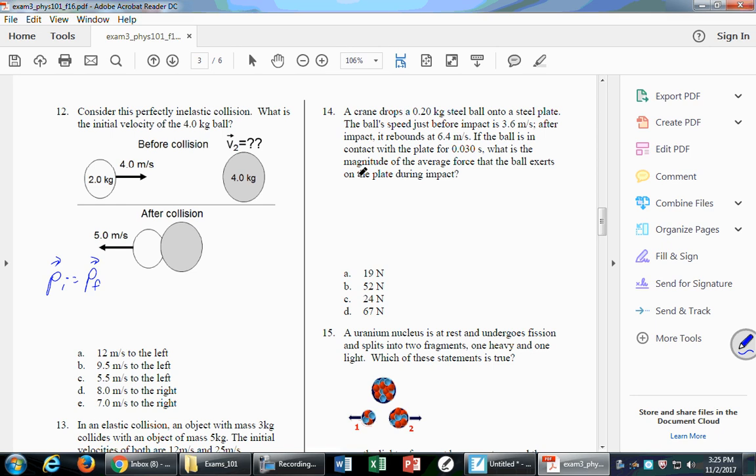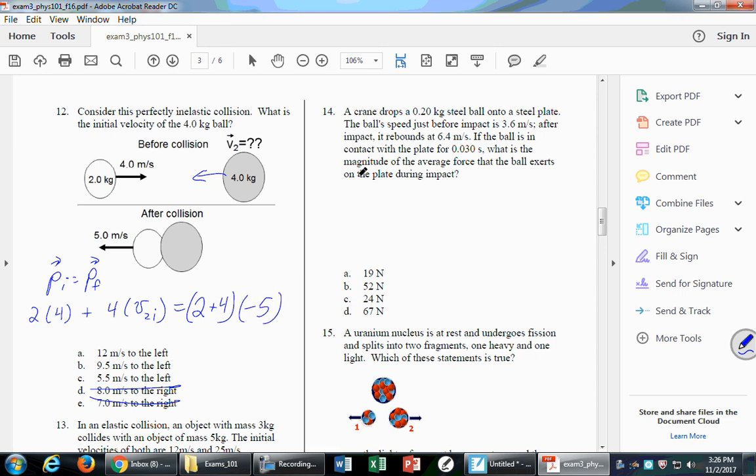So Pi is 2 times 4 plus 4 times V2 initial. That's what I want to solve for. And by the way, I know this thing has to be going to the left because the final state is moving to the left. So something has to be moving to the left. So I could get rid of these. And then that's equal to 2 plus 4, which is 6, times negative 5.